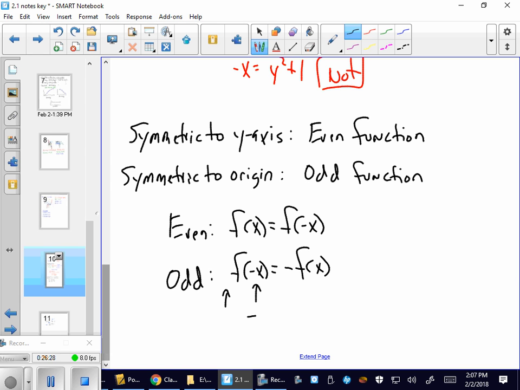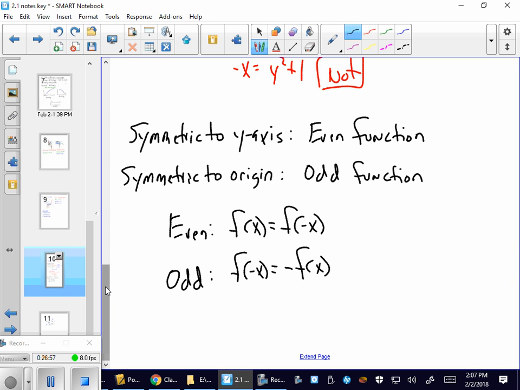So that's a negative x and a positive y. That says these should be the opposite because it should be symmetric to the origin. Well, that says I plug in a positive x and I get out a negative y. So they really are opposites. So that's what that's trying to say there. If that makes sense to you, that's wonderful. If that doesn't make sense, you might just want to memorize these formulas.